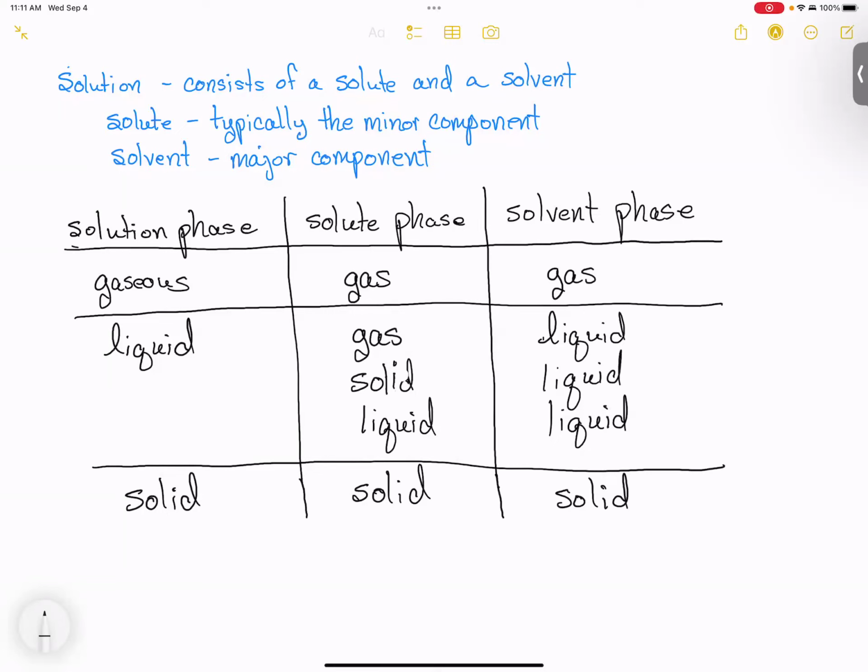So solutions are more than what we have typically dealt with in our class thus far. All it means is that you have a solute dissolved in some sort of solvent. Typically, whatever that solvent phase is, that is what the solution phase is.